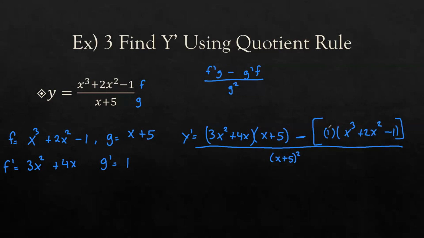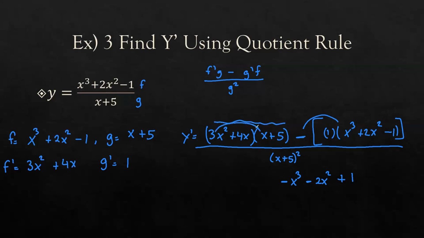If you simplify the bracket, 1 times this is just itself, so it's x cubed plus 2x squared minus 1. Then FOIL out that minus, so that would be minus x cubed minus 2x squared, and then positive 1. On here, you do have to FOIL it out.